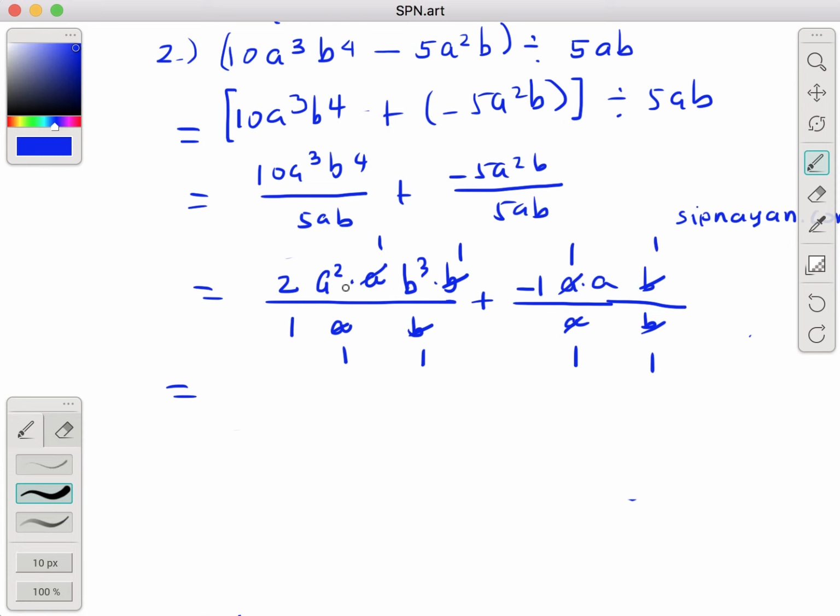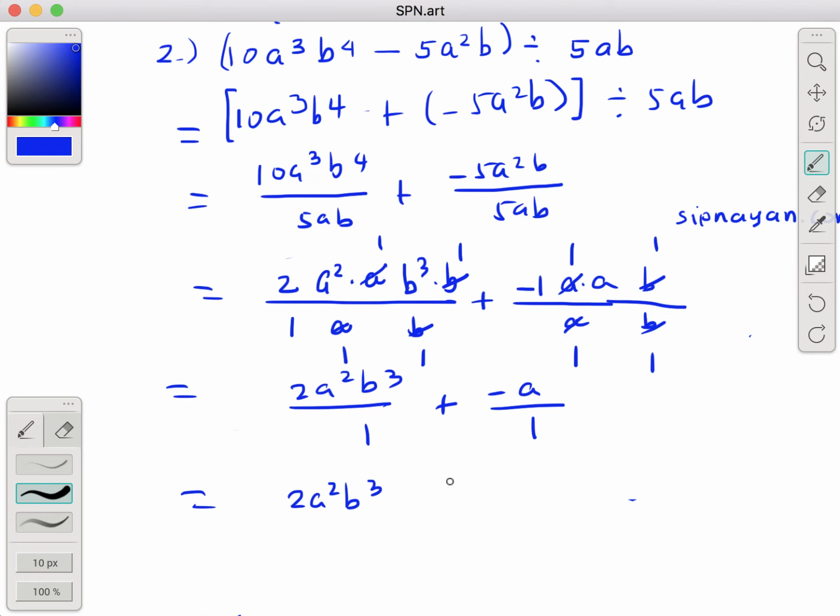We have 2a squared times 1 times b cubed times 1, which is equal to 2a squared b cubed over 1, and then plus, ano nangyari dito? Puro 1 na lang natira dito, di ba? Tapos yung a. So, negative 1 times 1 times 1 times a is negative a over 1. Okay? So, ang 2a squared b cubed over 1 ay, syempre, 2a squared b cubed.